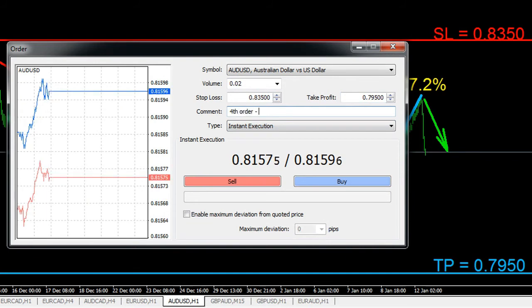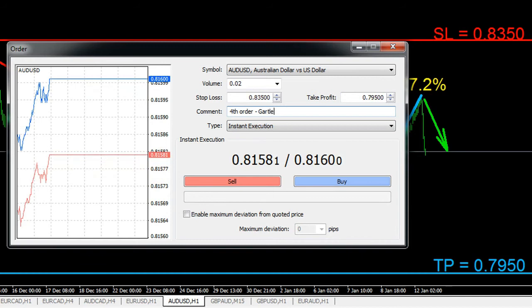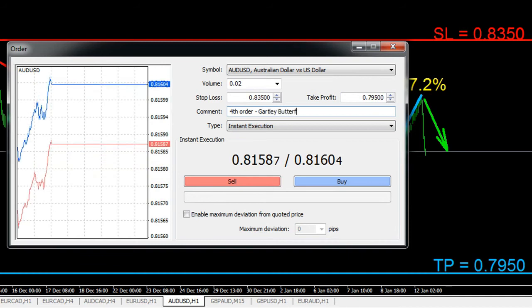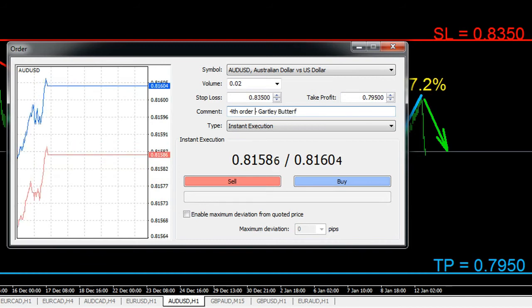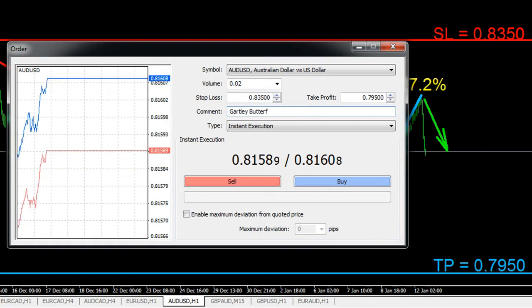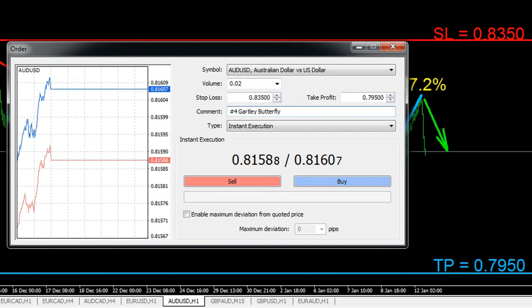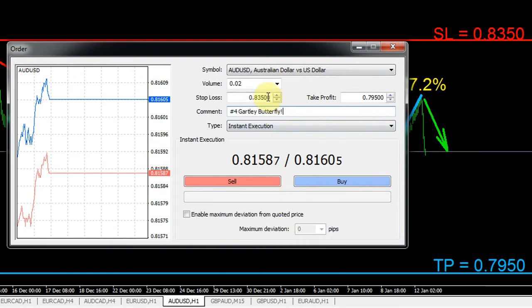We'll call this Gartley butterfly. Oh, it doesn't fit. Let's just call it Gartley butterfly, and at the start we'll say number 4. Alright, so now we're going to quickly check that everything's correct, and we're going to sell.